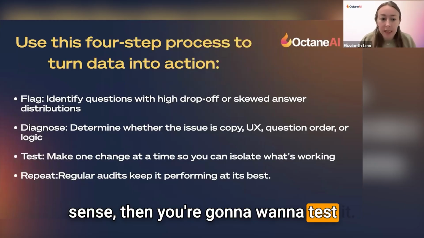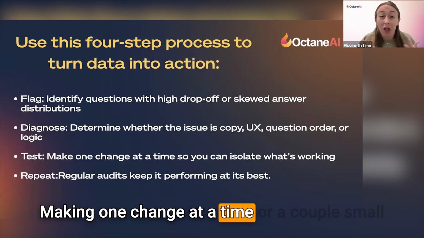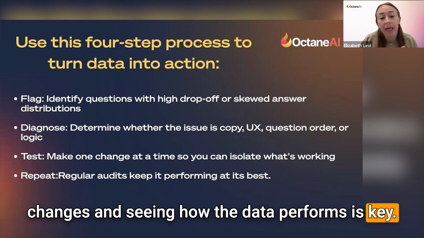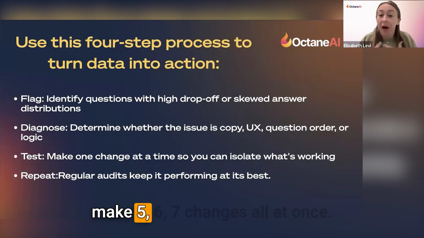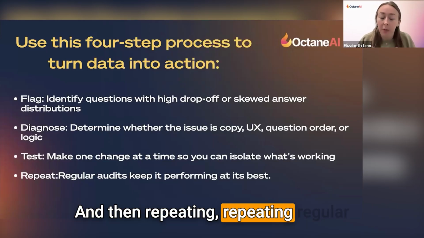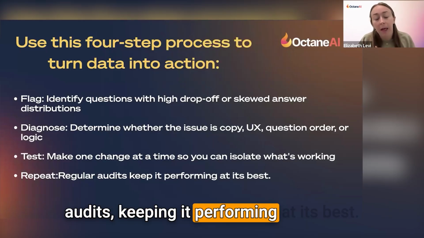Then you're going to want to test it, making one change at a time or a couple small changes and seeing how the data performs is key. You don't necessarily need to make 5, 6, 7 changes all at once. And then repeating regular audits, keeping it performing at its best.